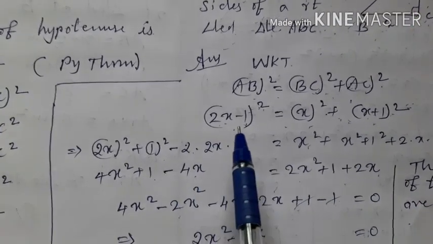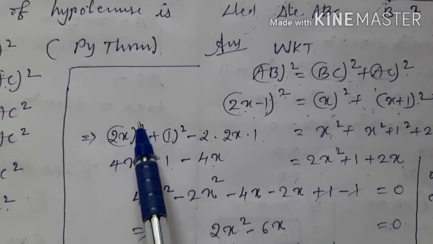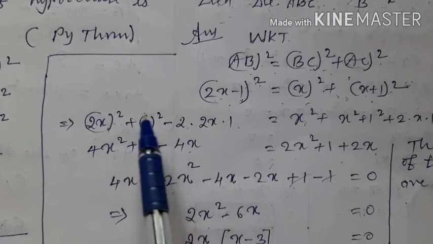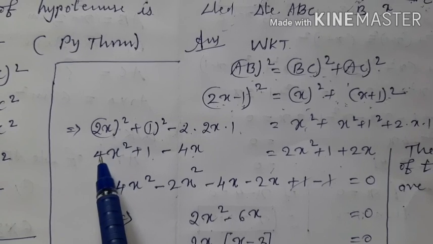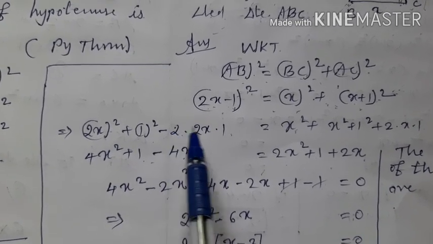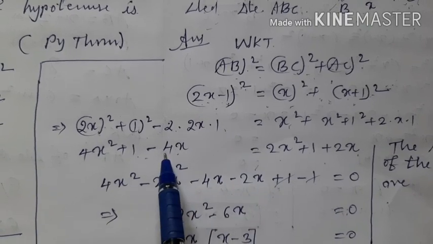So, if we apply the identity here, it becomes A square plus B square minus 2AB, right? A square is 2x the whole square is 4x square, 1 square is 1, minus 2 into 2x into 1 is minus 4x.